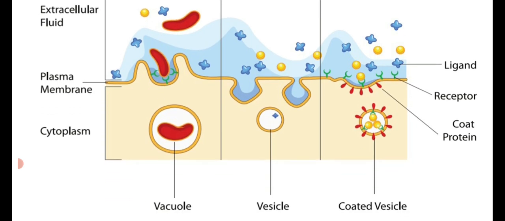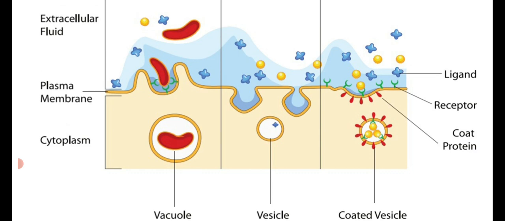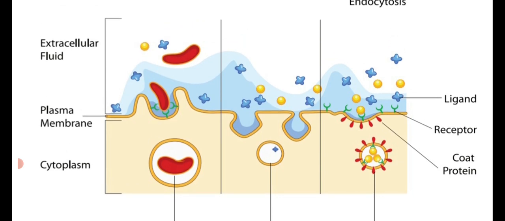Another one, exocytosis. The molecules which are present in the inner side of the cell are surrounded by a food vacuole. These vacuoles are attached to the cell membrane.